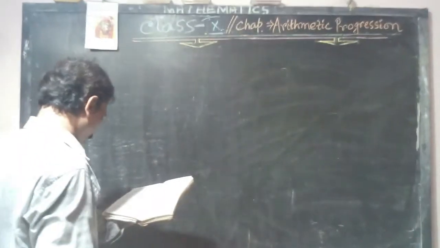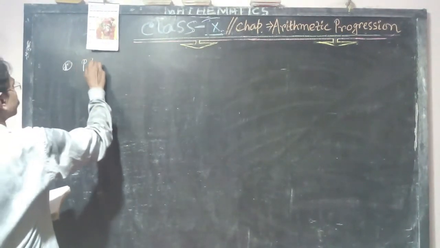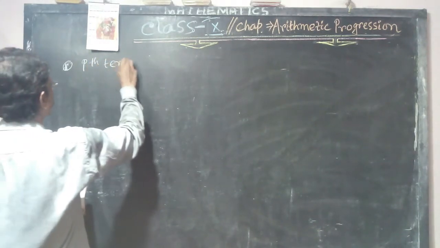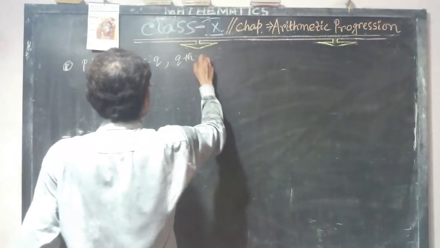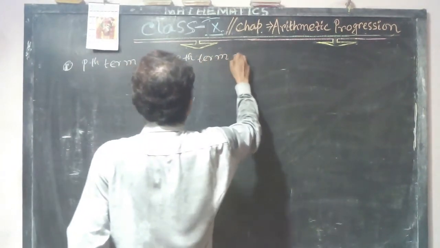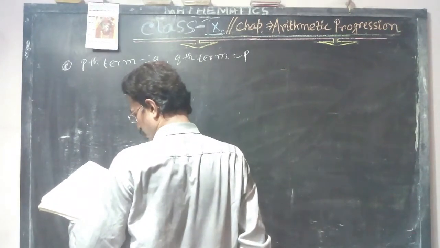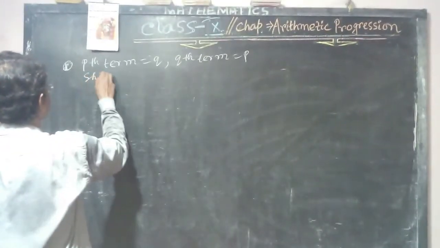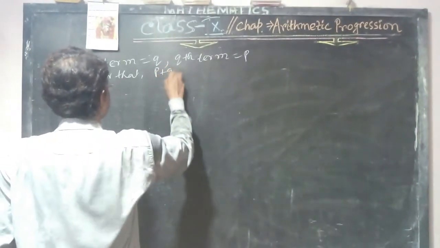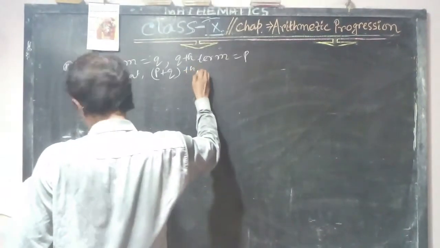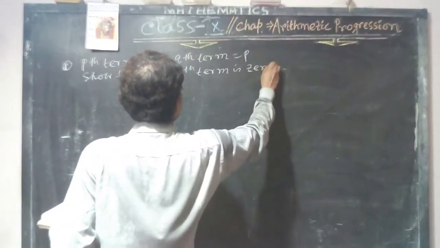If the pth term of an AP is q and the qth term is p, then the p plus qth term is 0.